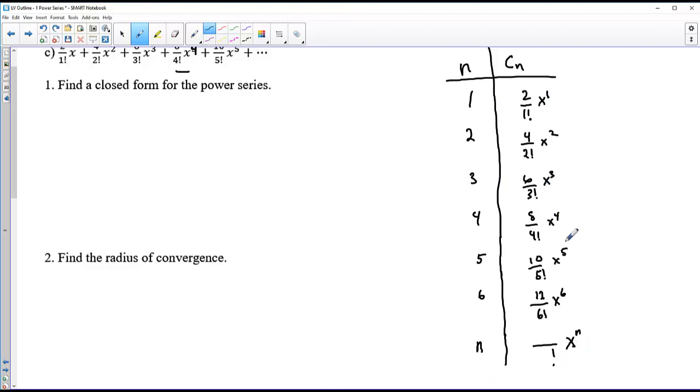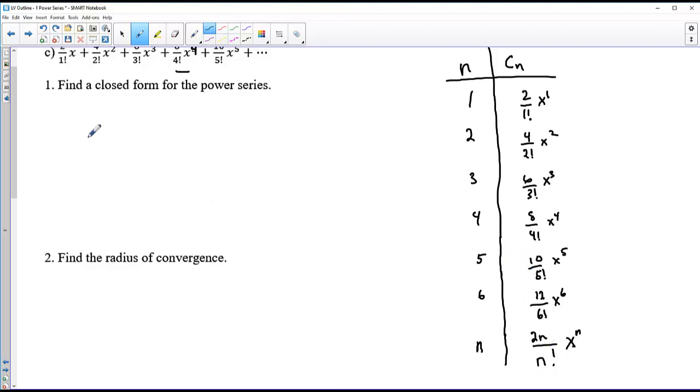And notice the denominators here are the same too: 1, 1 factorial, 2, 2 factorial, 3, 3 factorial. So I bet it's n factorial. And then finally, the top number: if it's 1, it's 2; it's 2, it's 4; it's 3, it's 6; it's 4, it's 8. Oh, so you're multiplying the inputs by 2, so I bet it's 2 to the n. And you can check this with any of the preceding examples, and you'll see that it works.